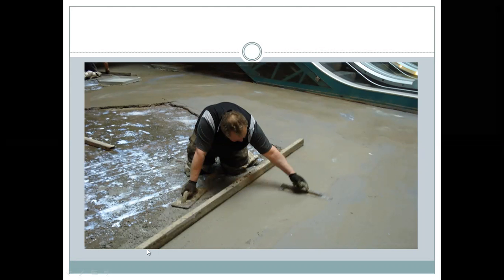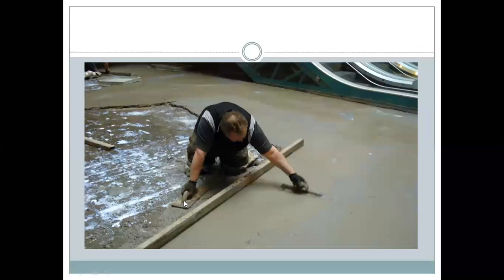After screeding is done, we require the floating. By this float they can complete the process of floating. So after screeding, if any small leveling is required or small deflections remain, they are repaired or leveled through this floating.